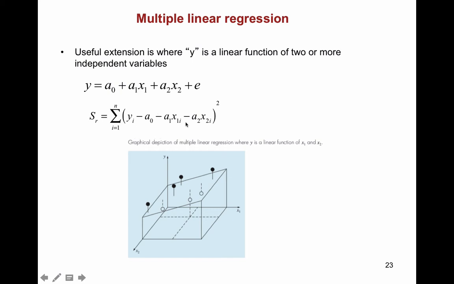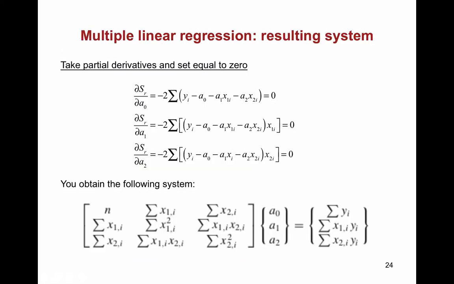Okay. And I just basically set up my SR the same way again. And in order to fit this plane, again, partial derivatives with respect to A0, A1, and A2 have to be 0. I set them to 0, clean up the equations, and I should get something like this.